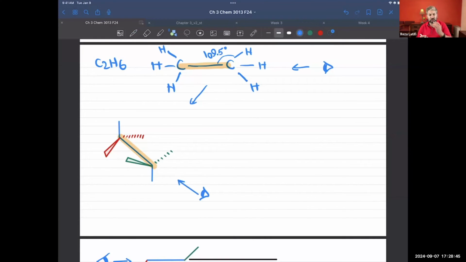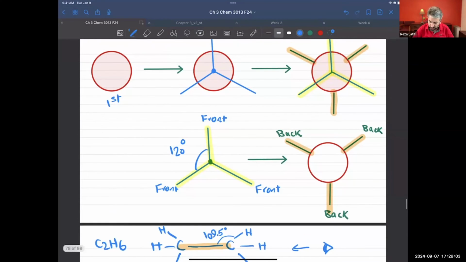I'm going to see 1 hydrogen pointing down. Of course, I'm going to have 2 other hydrogens, one on my left side and another on the right side, but they are pointing up. Remember, we said we need to keep the angle between them 120. Whether front or back atom, the bond angle between them will always be 120.